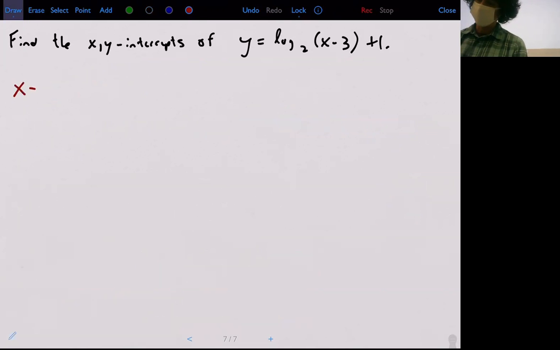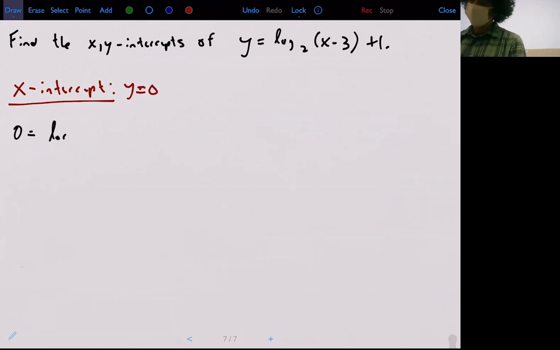So let's go ahead and look at the x-intercept first. To find the x-intercept, we set y equal to 0. So we'll get 0 is equal to the log base 2 of x minus 3 plus 1.